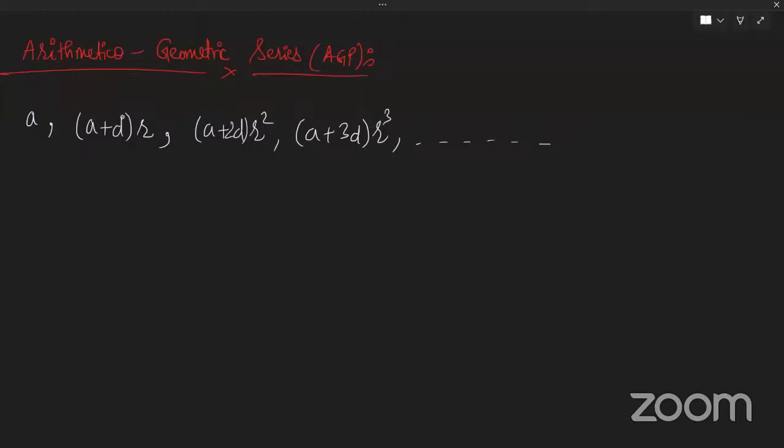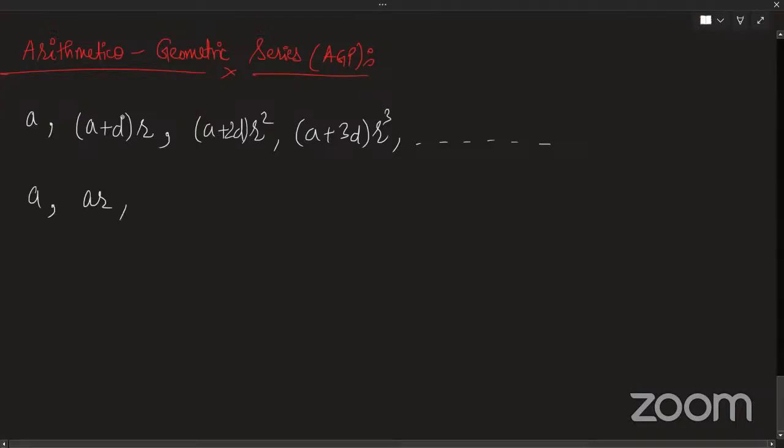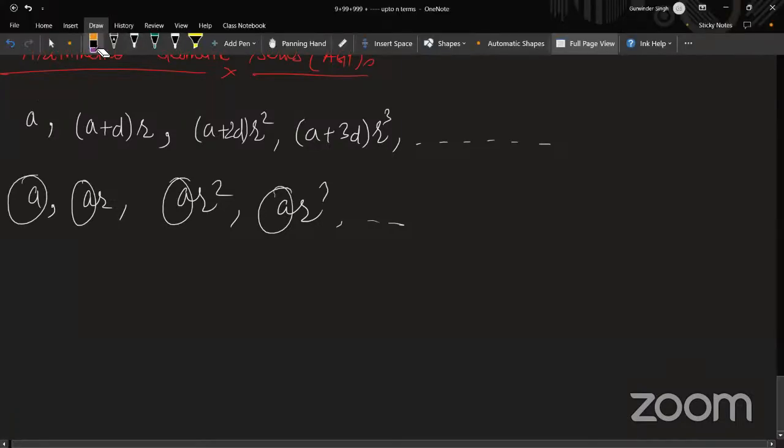So basically, how is this different from a GP? Multiplying with D, sir. So basically your value of A is changing. In GP, what was happening is you had AR square, AR cube like this. Here your value of A keeps on going in an AP.